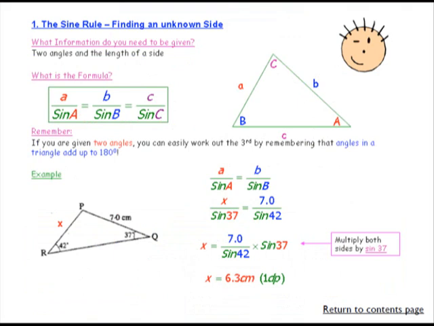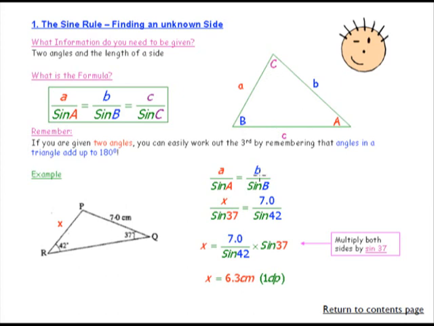This is what you call the sine rule. If you have a triangle, a divided by sine A is equal to b divided by sine B is equal to c divided by sine C. In other words, the ratio of this length to its angle is equal to the ratio of that length to its corresponding opposite angle, which is also equal to that length divided by the sine of the corresponding angle.